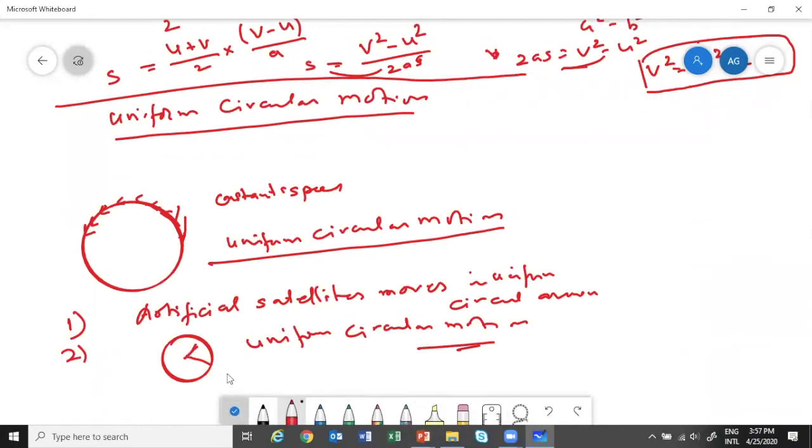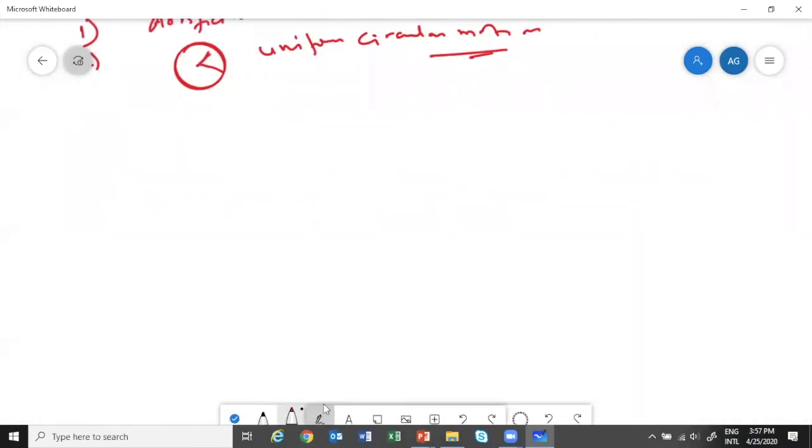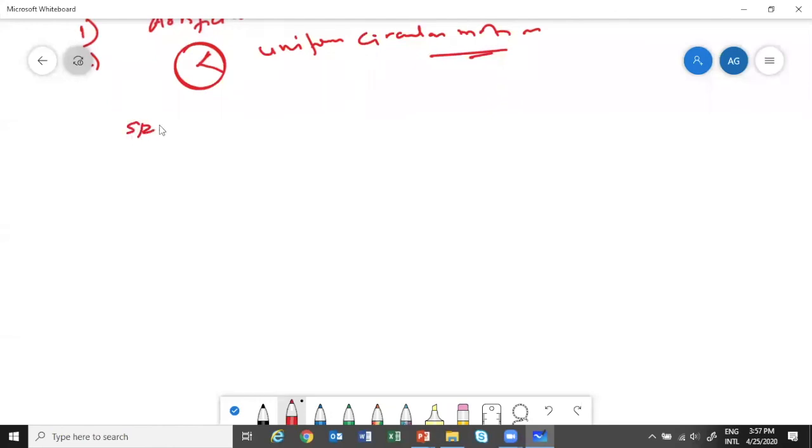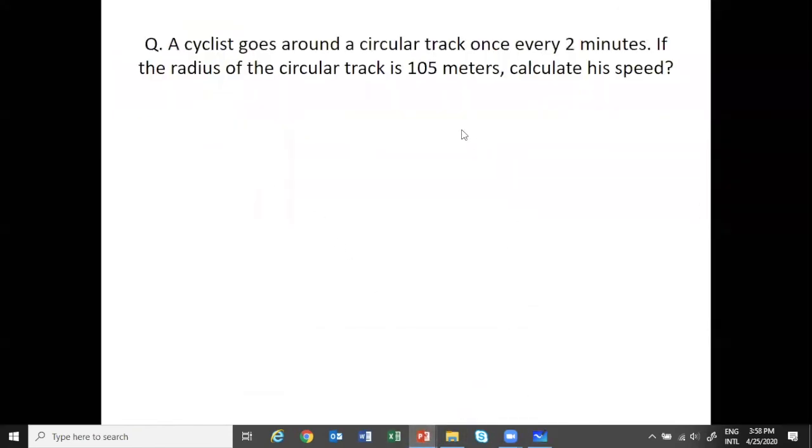Speed is distance by time, and in a circular path, you know the circumference is 2 pi r, and t. r we know is 105 meters, that is given in the question.